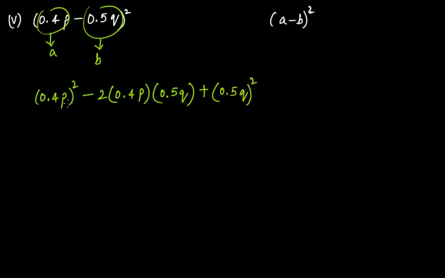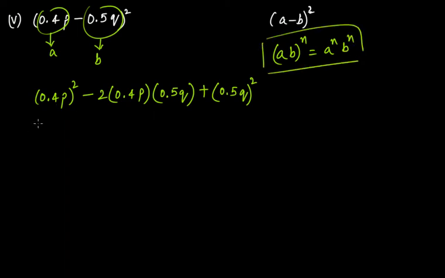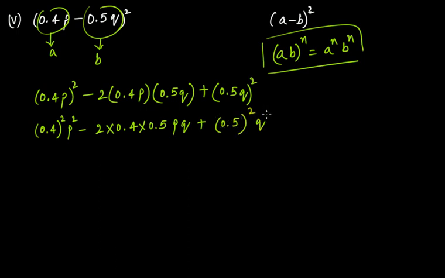(0.5q) whole squared. Now this is of the form (ab) raised to the power of n, equal to a raised to the power of n multiplied by b raised to the power of n. Now if you put here, this becomes 0.4 whole squared and p squared minus, now this is 2 multiplied by 0.4 multiplied by 0.5 pq, and with the same formula, this becomes 0.5 whole squared and q squared.